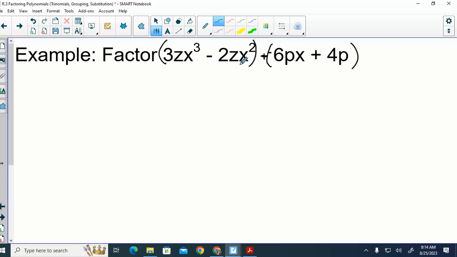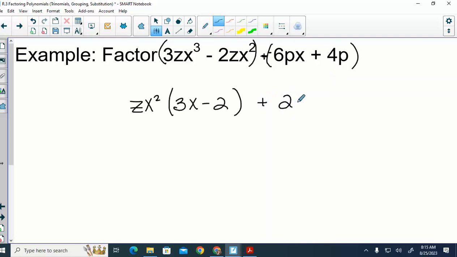All right, the first parenthesis, what's my greatest common factor? If we take that out, we are left with... The second parenthesis, what do they both have? 2p.